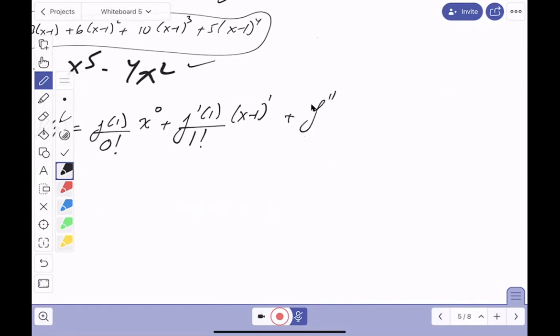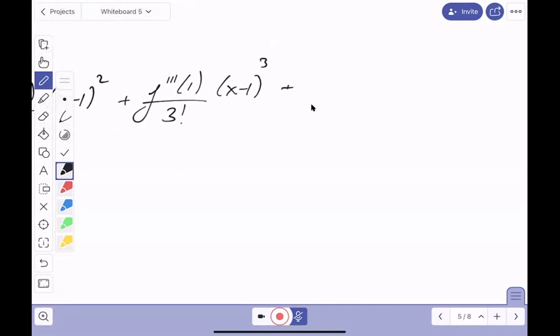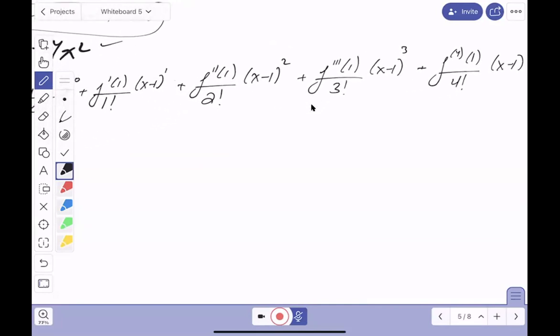I see f double prime evaluated at 1 over 2 factorial x minus 1 squared. This is going to take time and effort on your part to see this, though. That's where the exercises come in. You've got to exercise to see this. And that's going to be cubed. And the last one we did was evaluated at 1 over 4 factorial x minus 1 to the fourth.